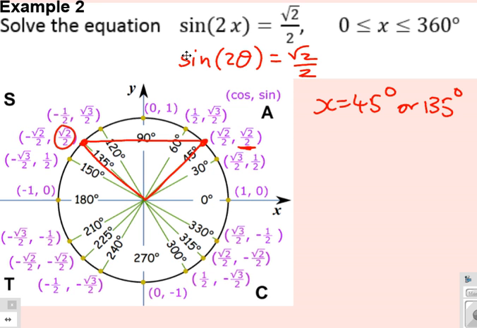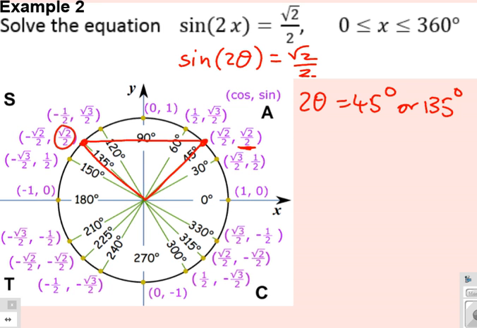Now, in this domain, I should have said that's 2x. We're solving for 2x, or rather 2 theta.